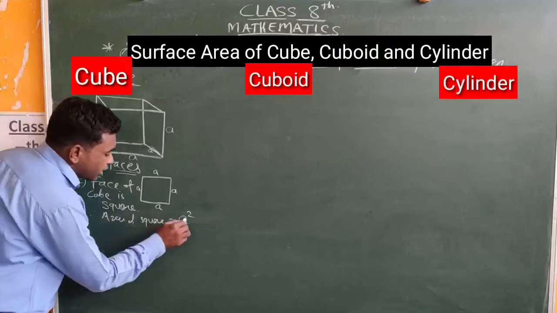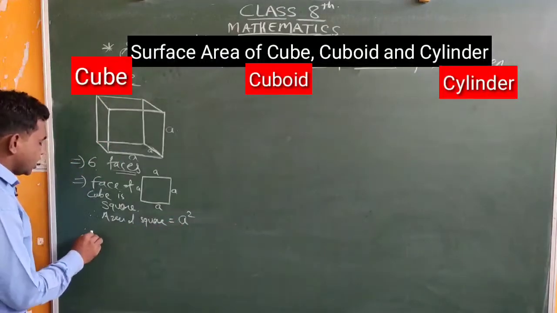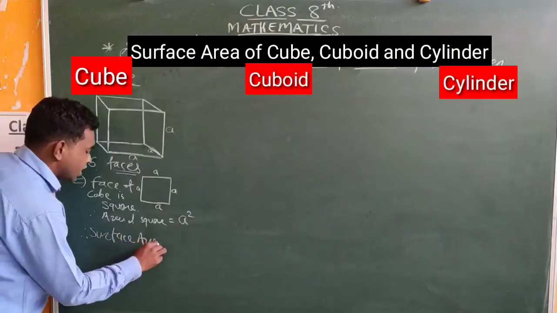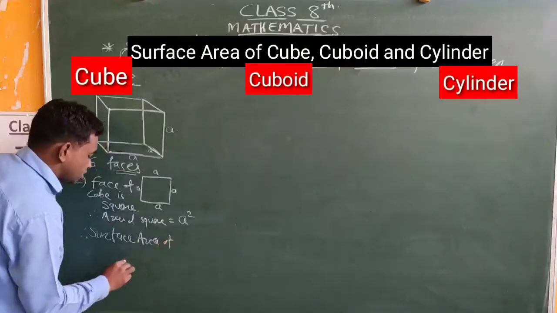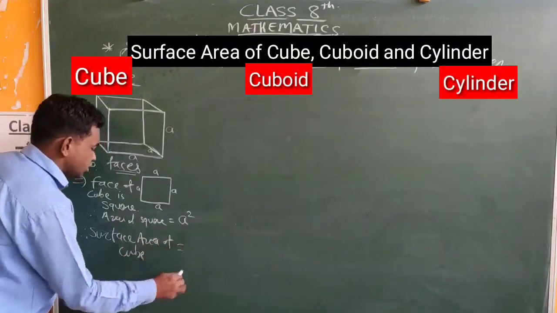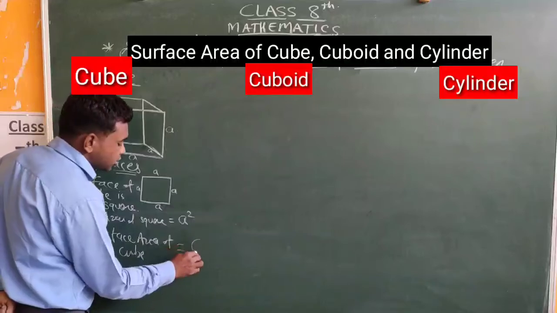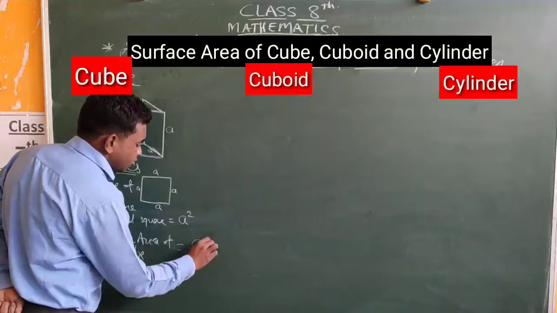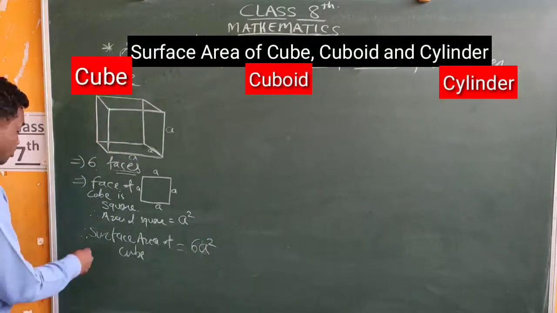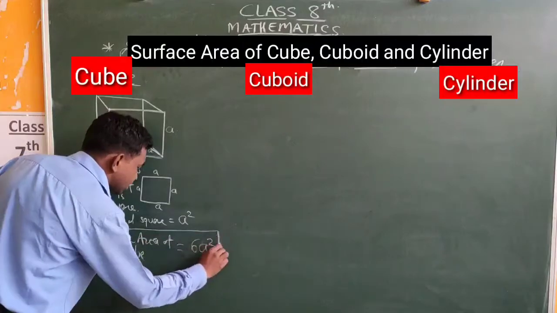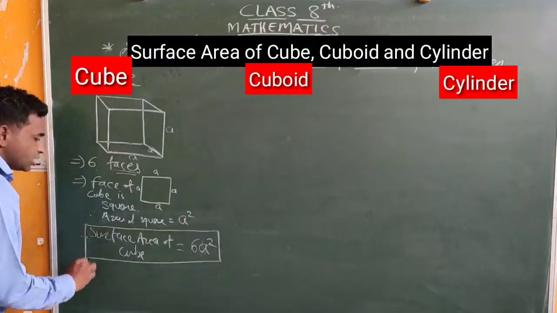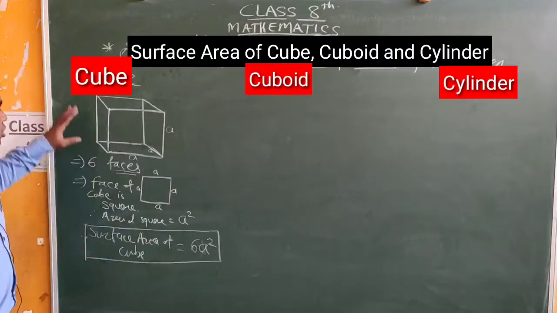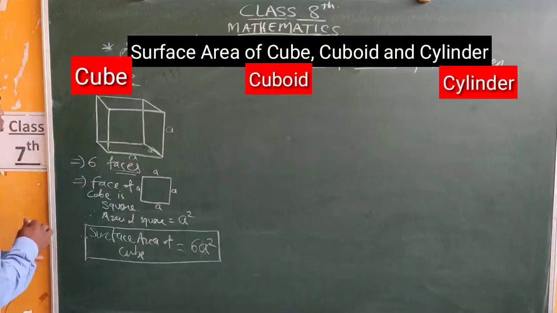Then the area of the square is a squared, and the total surface area of the cube is the number of faces, 6, times the area, so it is 6a squared. So the formula for the surface area of a cube is 6a squared. This is the first part, the surface area of a cube.